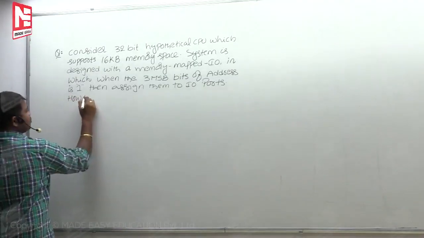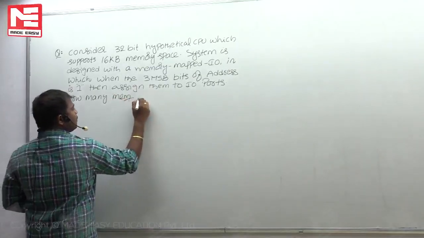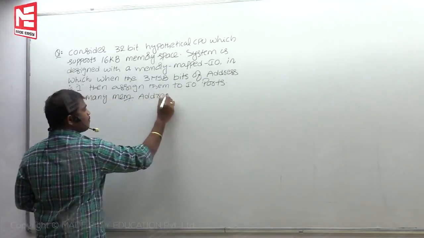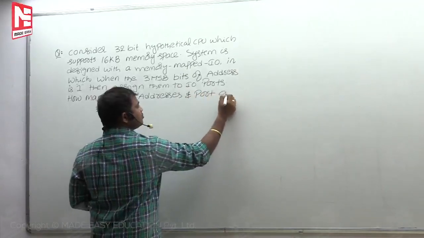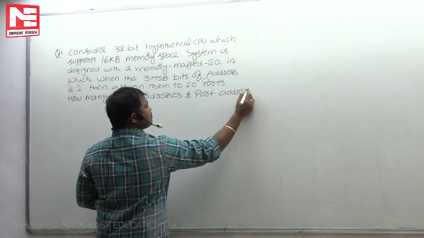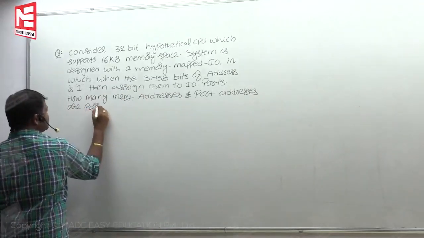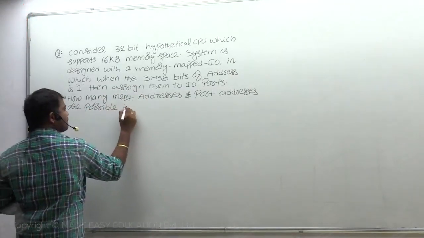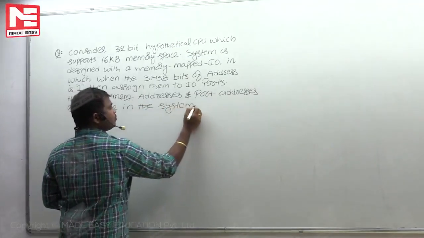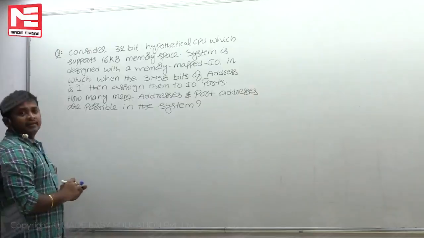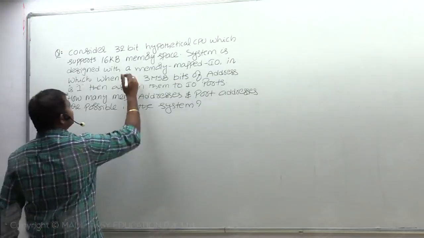How many memory addresses and port addresses are possible in the system? This is the statement. Is it clear? Read the question once. Consider a 32-bit hypothetical CPU.